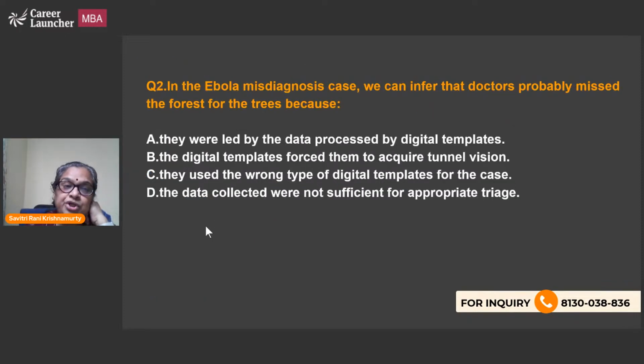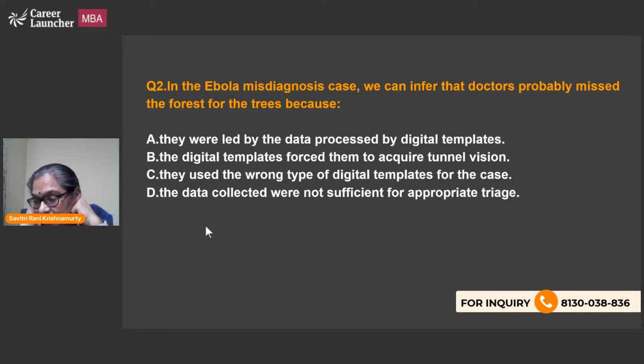Excellent. Question 2. In the Ebola misdiagnosis case, we can infer that the doctors probably missed the forest for the trees because what is the reason that the Ebola misdiagnosis happened based on what's given in the passage? They were led by the data processed by digital templates.